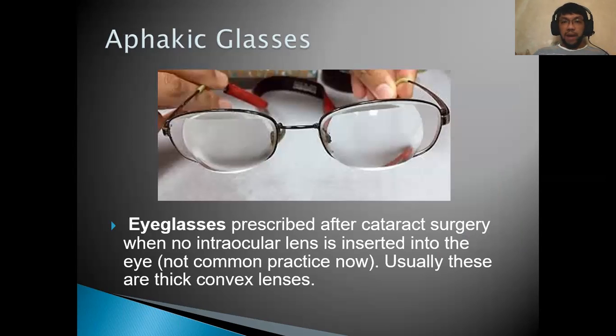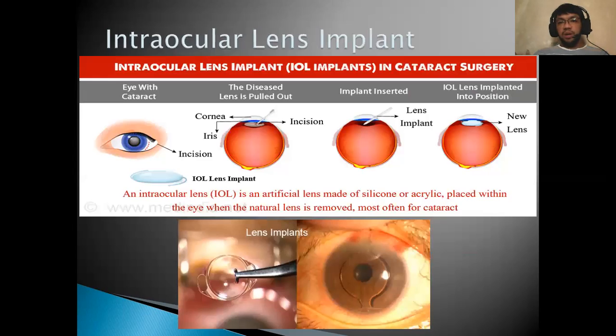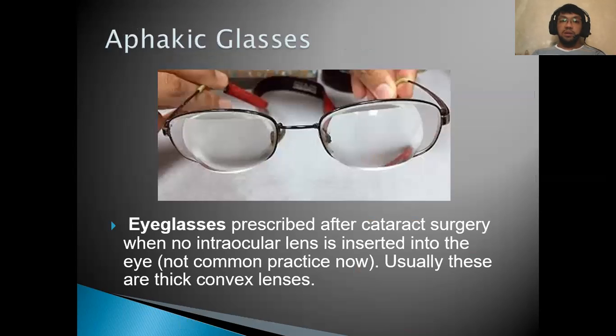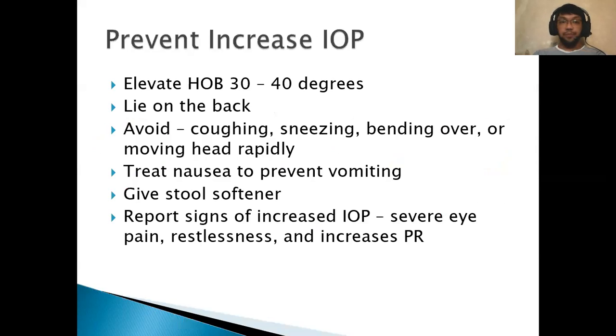This is no longer applied because when I was still a young nurse, I saw when I assisted in the operation of ICCE and ECCE, they already implanted an artificial lens after performing ICCE or ECCE on the patient. This is more practical than using this type of glasses.